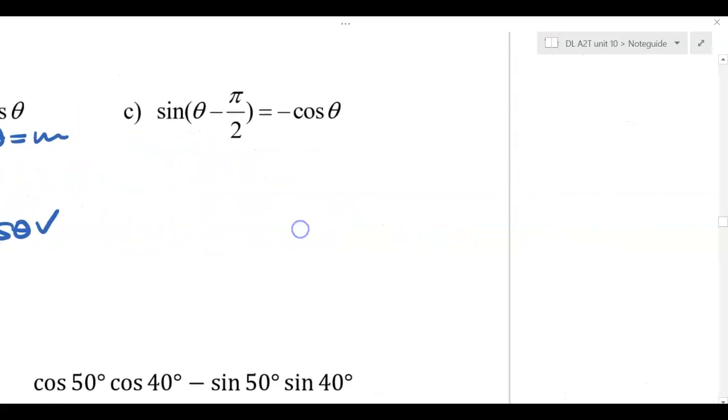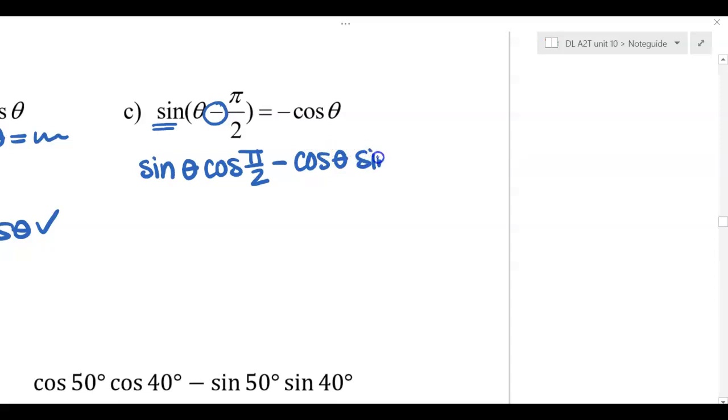That would be negative cosine of theta, and that's equivalent to what's on the other side of this identity. All right, and then finally part C, I'm going to work on the same thing. This time it's a sine value that I'm expanding. So according to the formula for sine, I would do sine of the first angle, cosine of the second angle. Because this is a minus, with the sine identity, this is also a minus. And it would be cosine of the first angle, sine of the second angle.